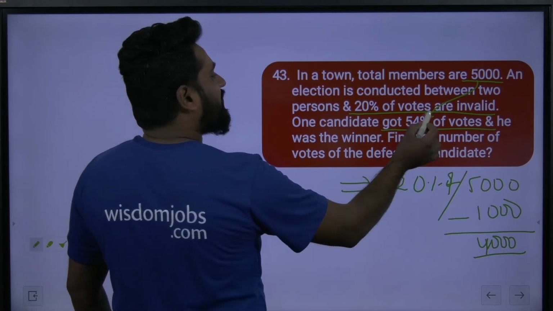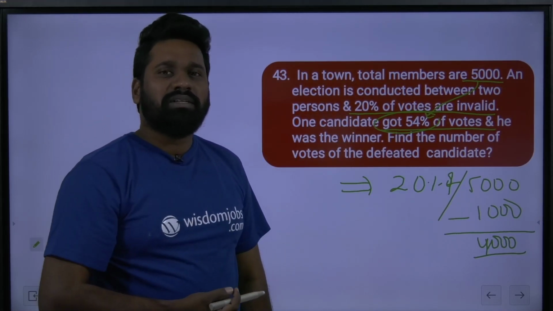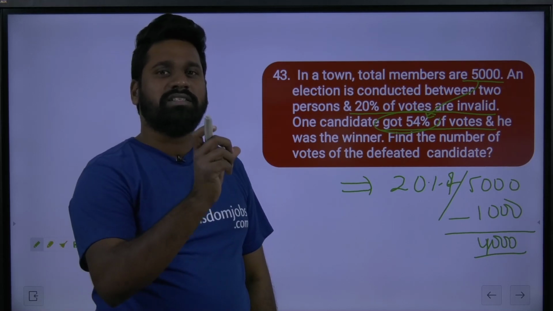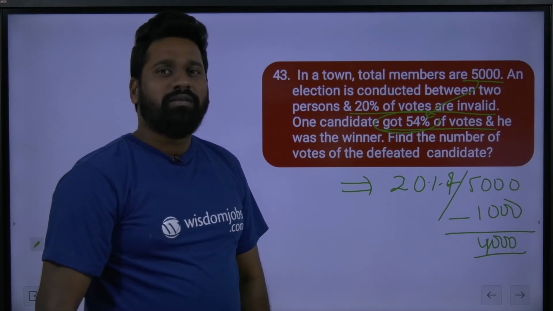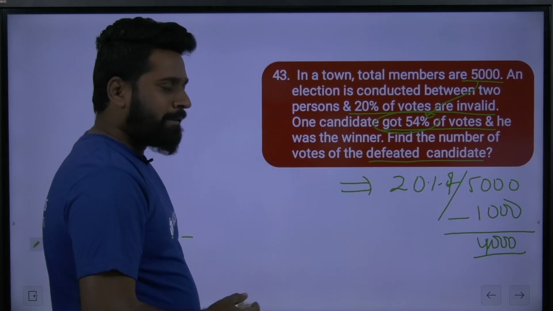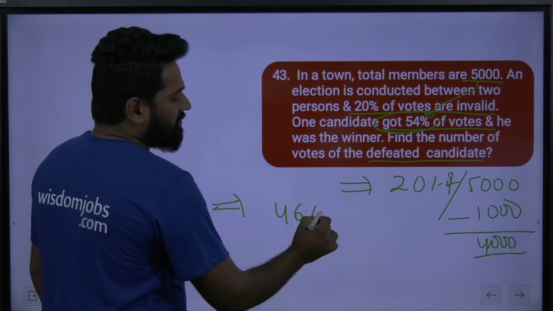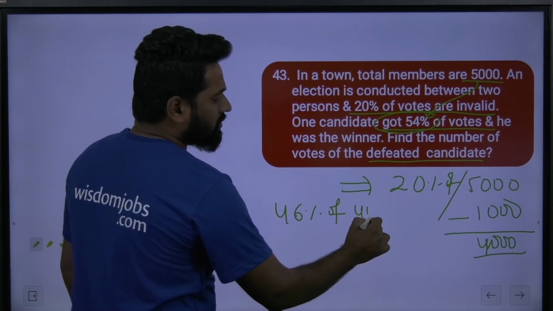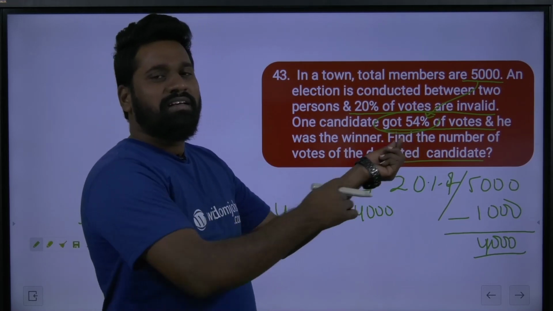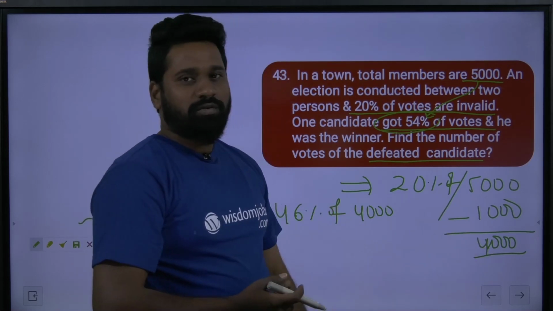So one person got 54% of the votes is given. So definitely the second person got the remaining percentage. 100 minus 54, that is 46% of the valid votes. We are asking about that person, the defeated candidate. So which indicates that 46% of 4000. Because 54% by winner, so remaining percentage is 46 out of 4000.